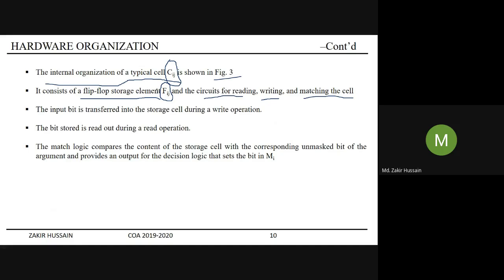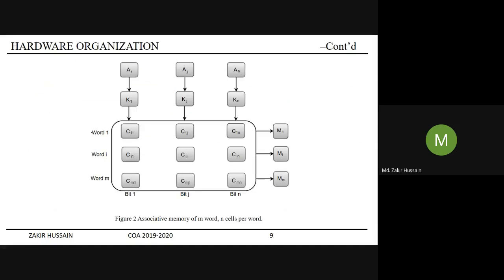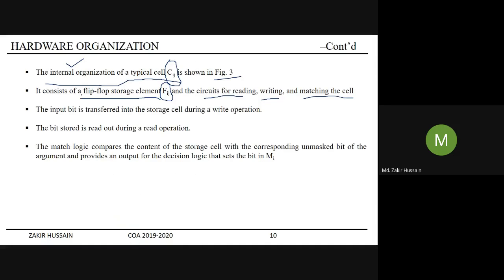So we are talking about the internal organization of this associative memory. It has a flip-flop storage element and circuits for reading, writing and matching the cell. This is the internal circuitry of that associative memory.